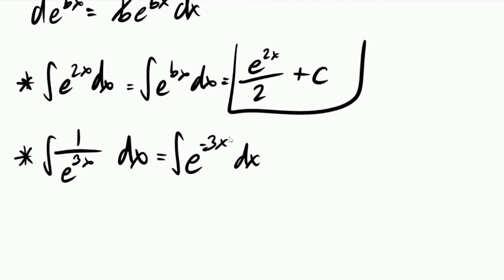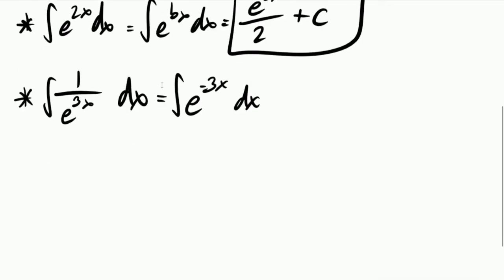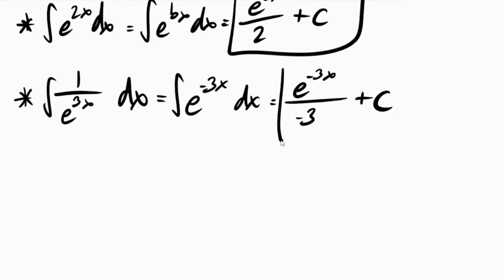So if we use the power formula for this, no, we can't use the power formula for this. It's the same as the formula above. So we copy e raised to negative 3x and then bring down the constant on its exponent, which is negative 3, and then add the constant of integration. So that's it. That's the final answer.